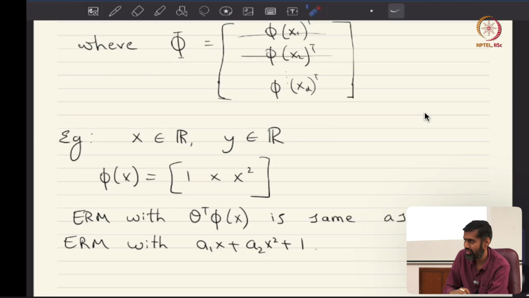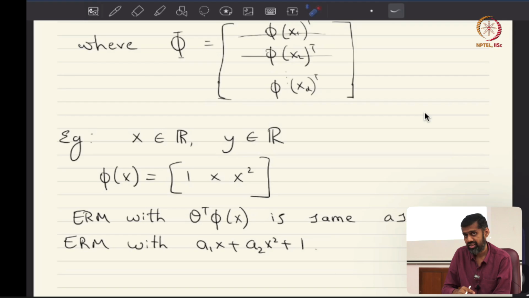So you take your phi to be functions of data with fixed kernels. These are called kernels, transformations, and then you find out the linear coefficients using the least squares methods. So that is why this is called generalized linear regression or generalized linear models, where given data you transform your data into some other space and then assume your model to be a linear combination of those dimensions.